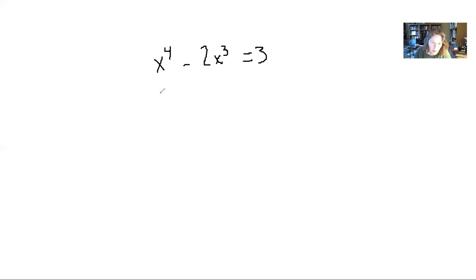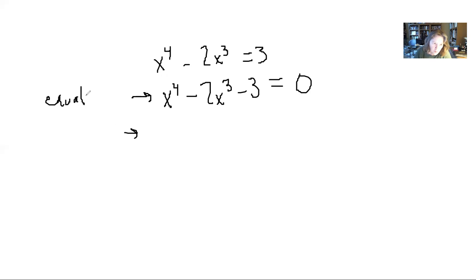So first of all, we have to put it into a polynomial equation in standard form. And that means we need everything on one side and 0 on the other. Okay? And since they want us to do this using a graphing utility, we're going to take the equation and change it to a function. So the equation to a function.